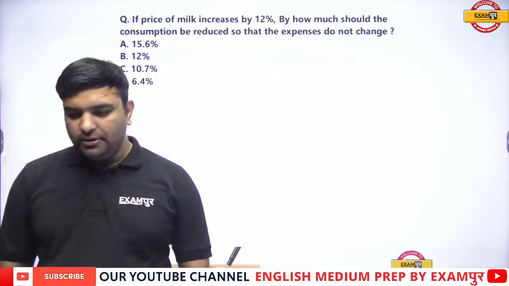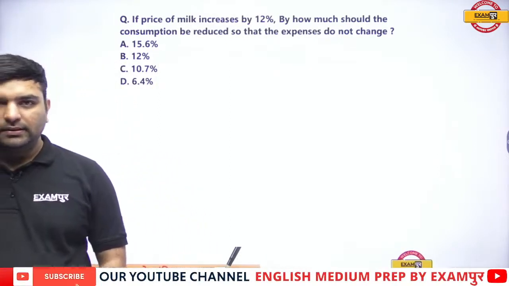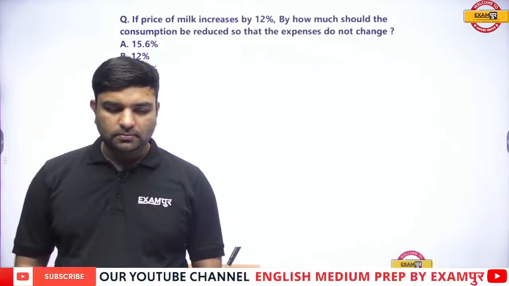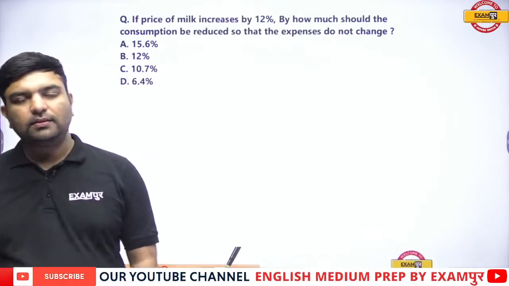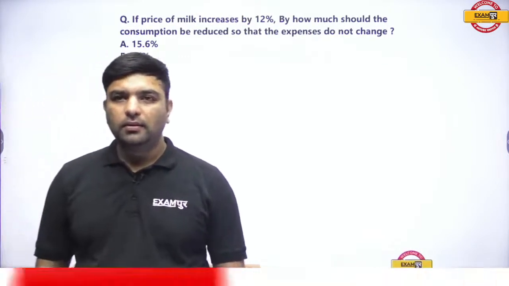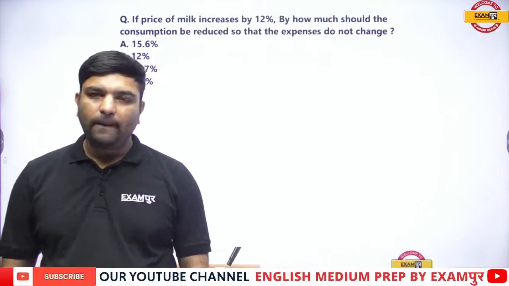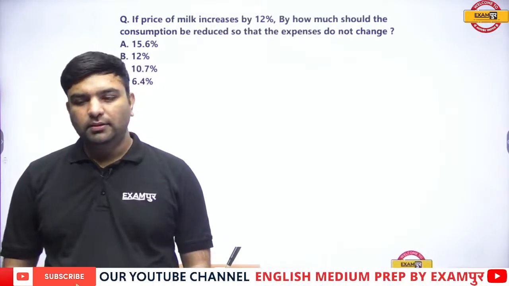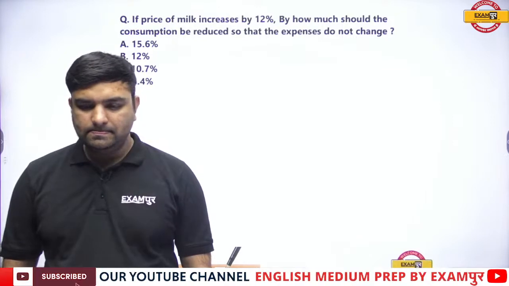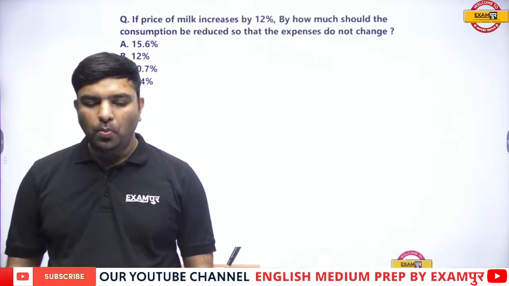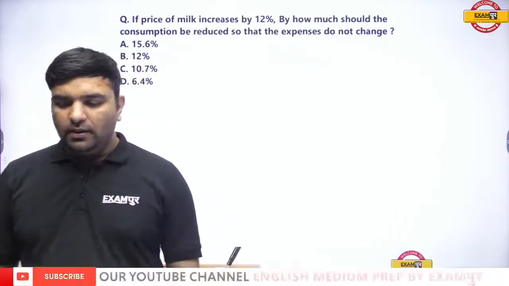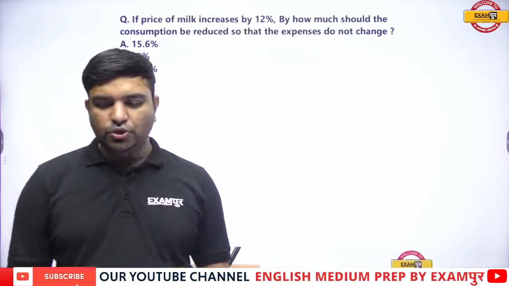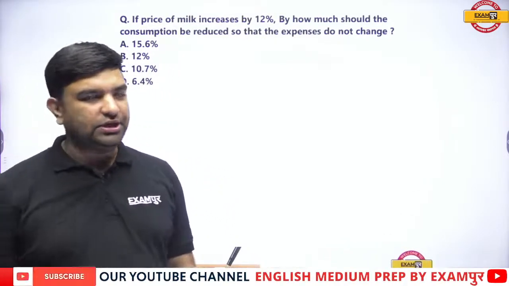Price of milk increased by 12%. In what ratio should consumption decrease so that expenditure does not change?